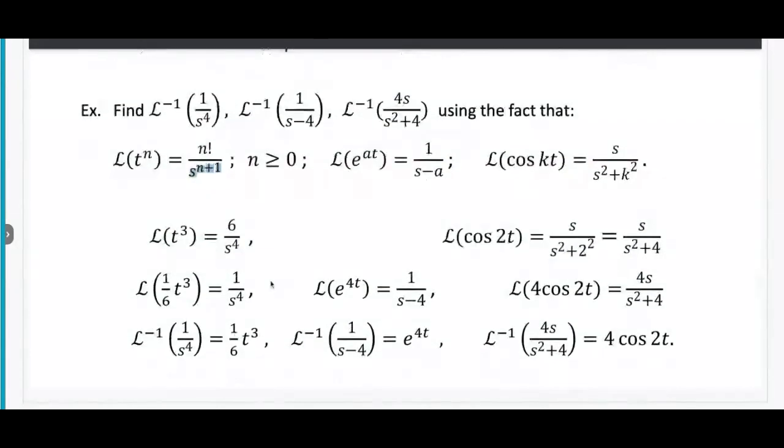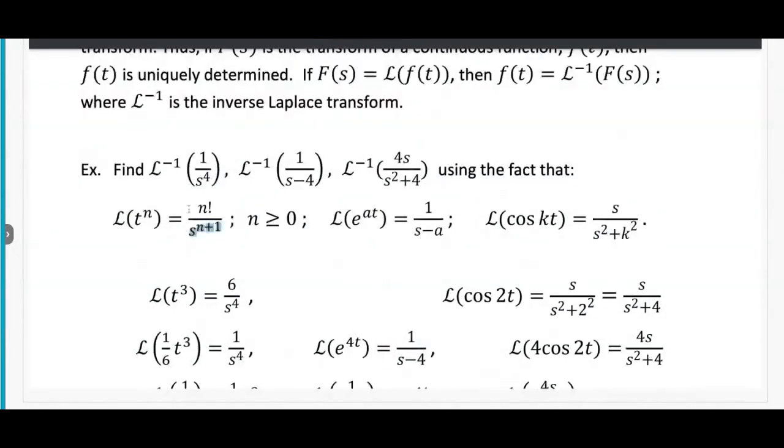So that tells us the inverse of this is just t to the nth power. We know the Laplace transform of e to the at is 1 over s minus a, so the inverse Laplace of 1 over s minus a is just e to the at. Laplace of cos kt is s over s squared plus k squared. Once we are able to form this, the inverse Laplace of this is just cosine kt.